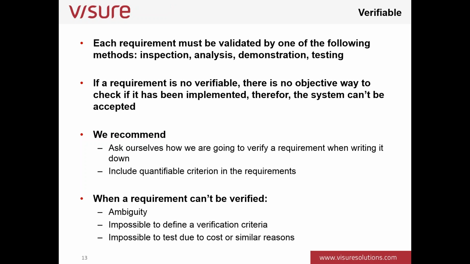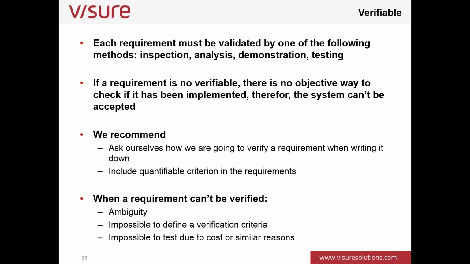So maybe we have to write down some verification criteria related to the requirement, saying that for verifying it we are going to run some stress tests or testing programs that test this for this long. And if that is fair enough, we can consider that the requirement is done. But we have to agree on something that we can test.